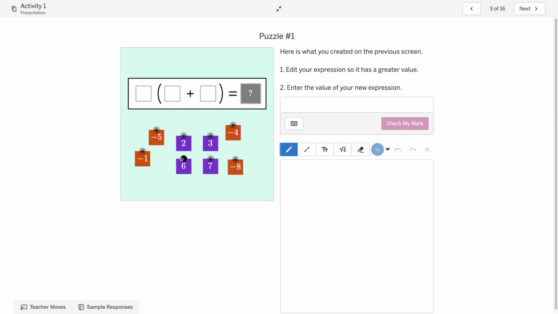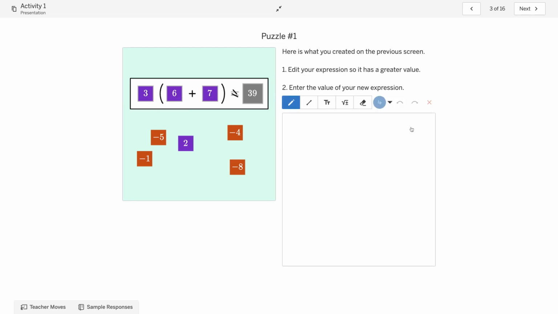So I could just put in 6 and 7, which is 13, multiply that by 3, and 13 times 3 is 39. That works. Can you create something larger?